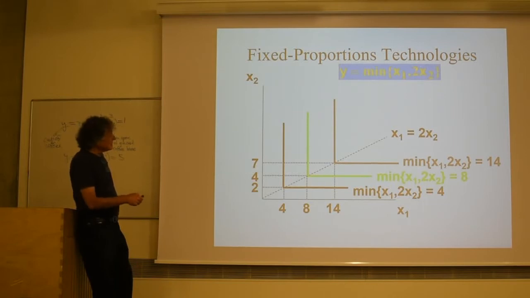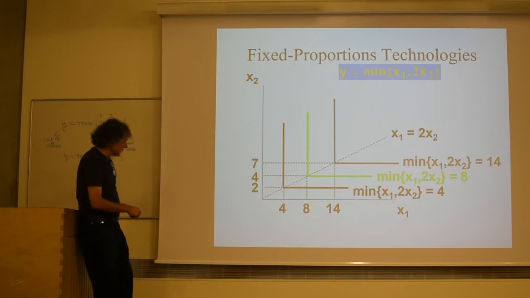I remind you, I set x1 equals to x2, or if you like, x2 equals half of x1. And then, as you can see, if this is 4, the x2 will be half of it. If this is 8, the x2 will be half of it. Okay. So it looks like this.